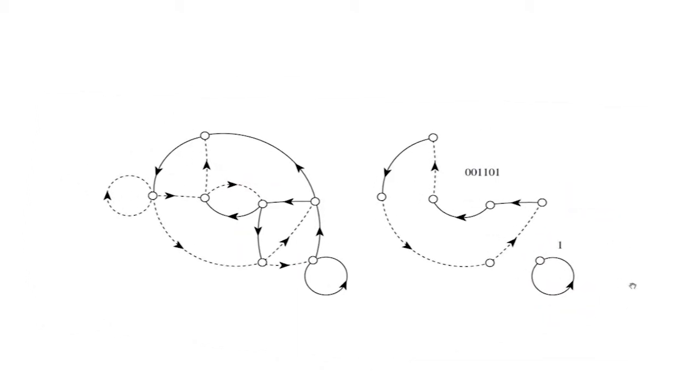How about cycles of length 5? Well, it gets a little bit funky, but here is one. I start here, go, go, go. It's directed, so I choose this, and I have only one way I can go here, I can go there, and I come back. That's this cycle here.